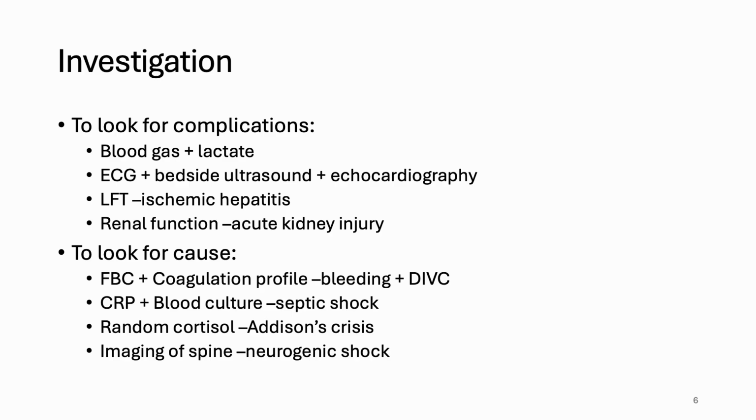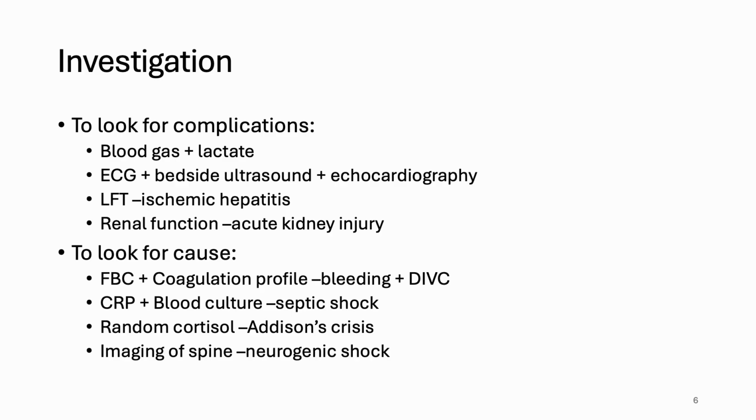Next, you will do a full blood count and coagulation profile to look for bleeding or disseminated intravascular coagulation. Check for CRP and blood culture if you are suspecting septic shock as a cause of the hypotension. Random cortisol if you are thinking about Addison's crisis.